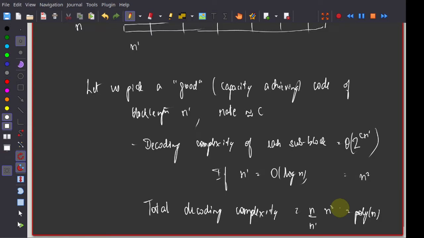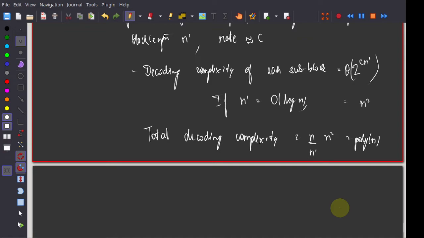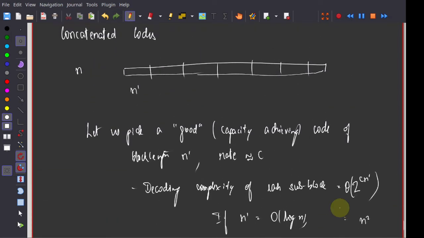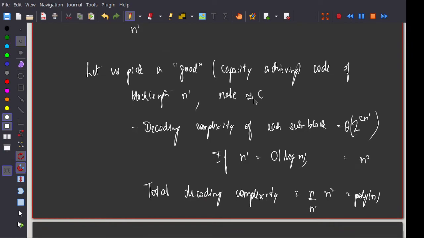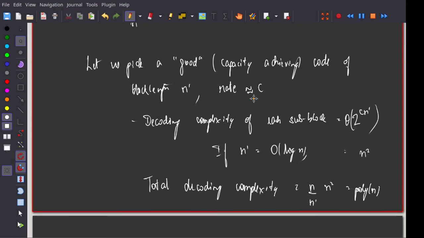Great. So now I've somehow magically reduced the decoding complexity, but I'm paying a price. And the price is the probability of error. The probability of error of decoding one particular block is exponential in n prime, it's 2 to the minus some alpha times n prime.